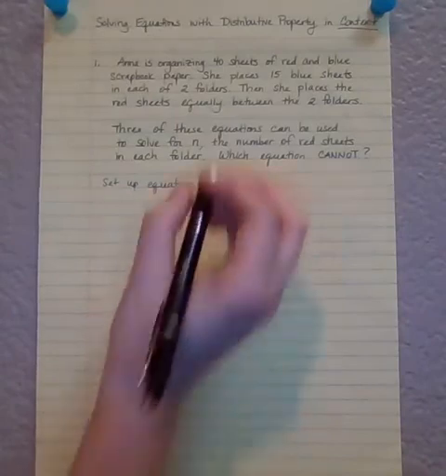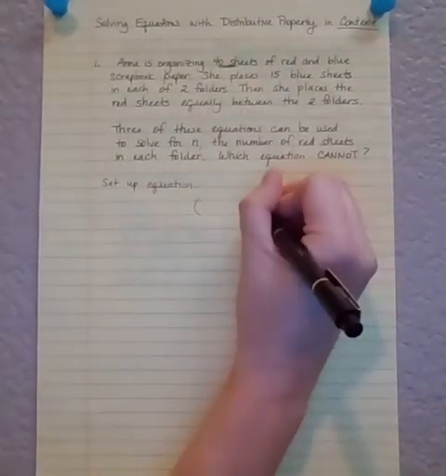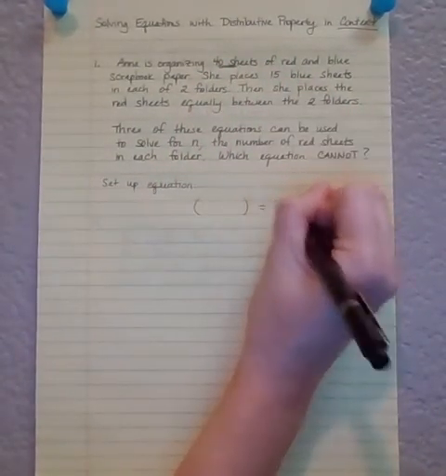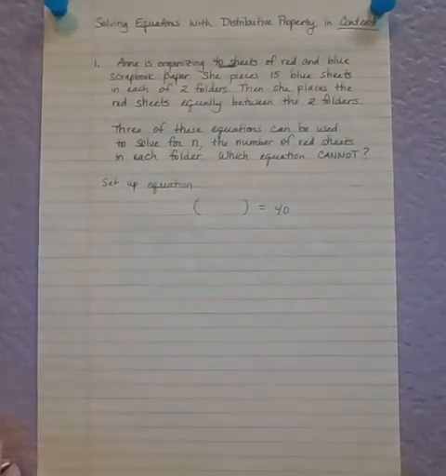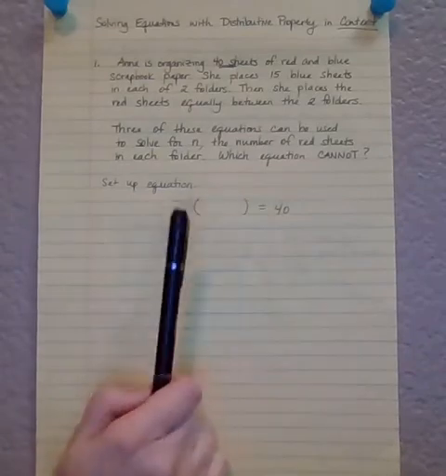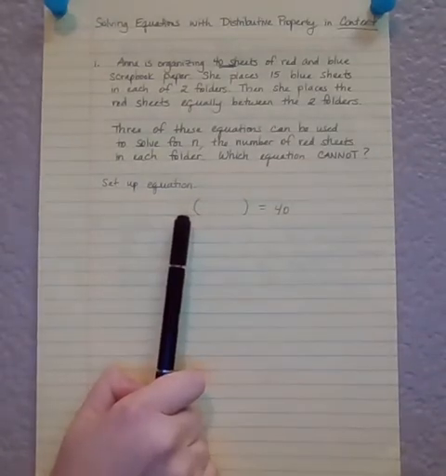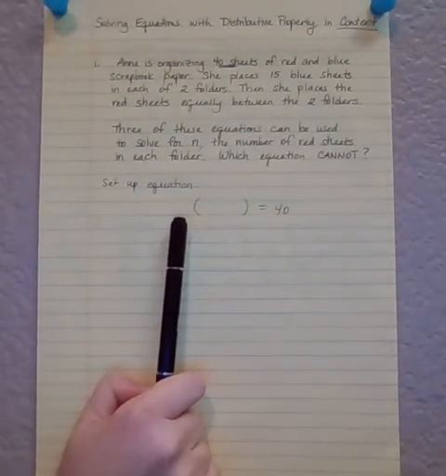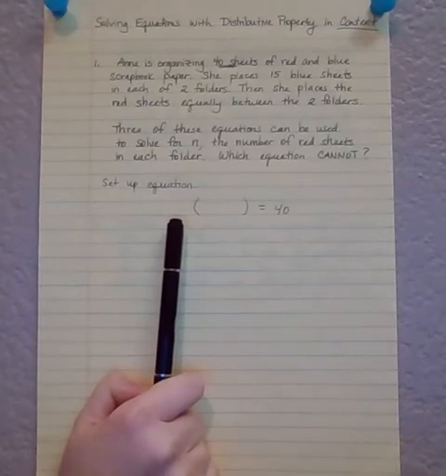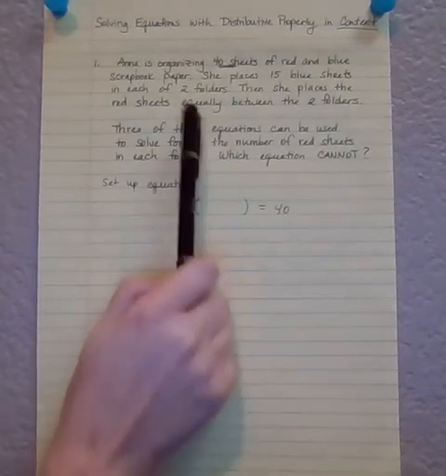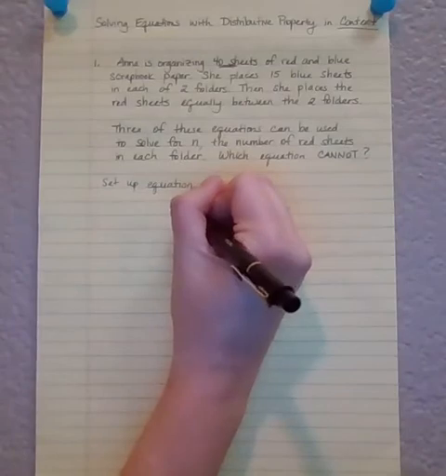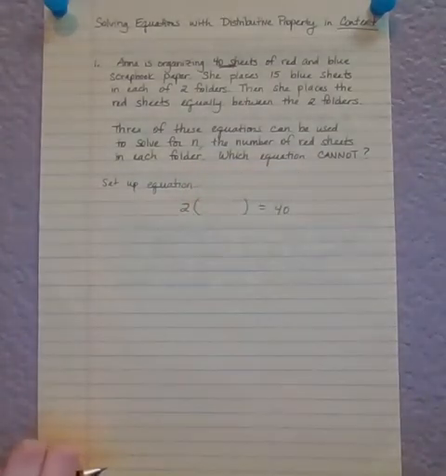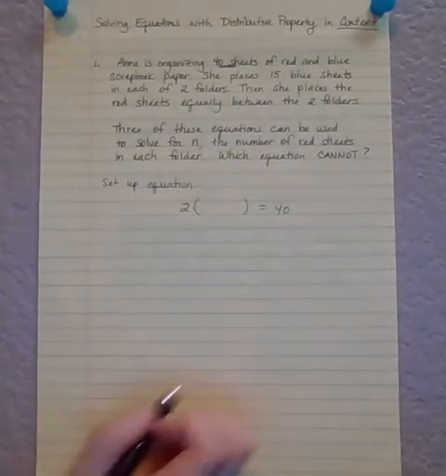I know my total is this 40 sheets, so that's going to be my right side, equals 40. Let's talk about outside the parentheses. This is normally where we're going to put our rate of change or number. I know they're separated into 2 folders, so that's our leading coefficient outside the parentheses.